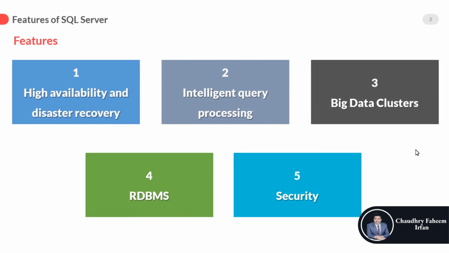So the first feature is high availability and disaster recovery. SQL Server provides high availability so that it can handle many queries. We can make backup procedures by using SQL Server functionalities. The second one is intelligent query processing.